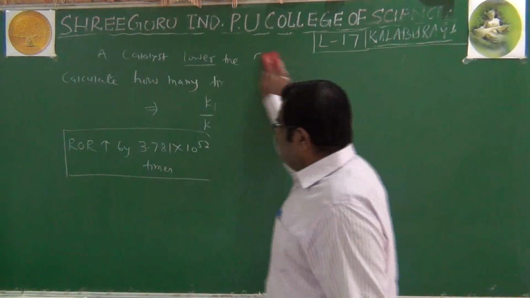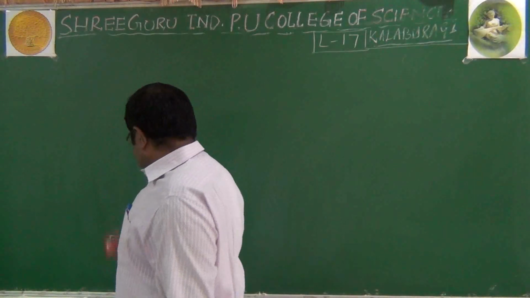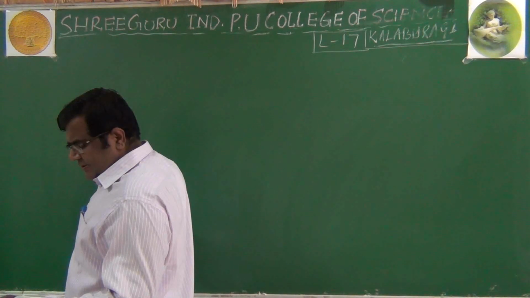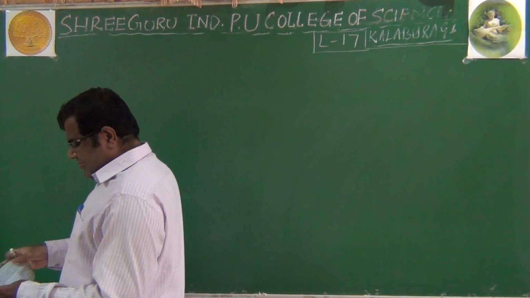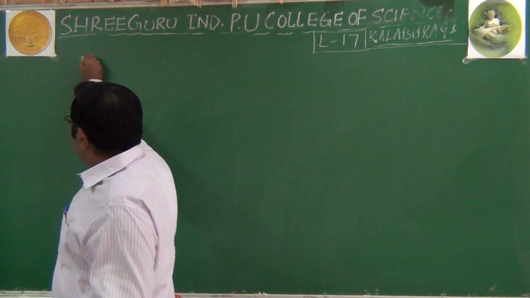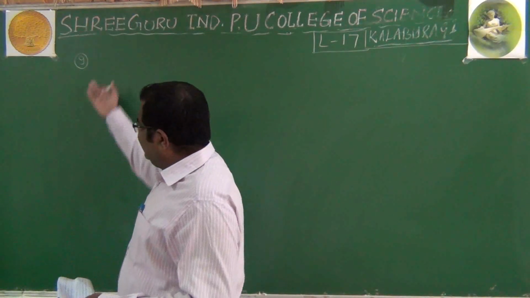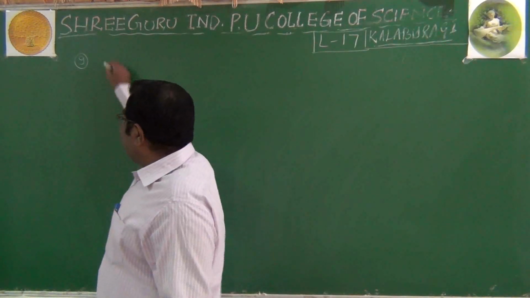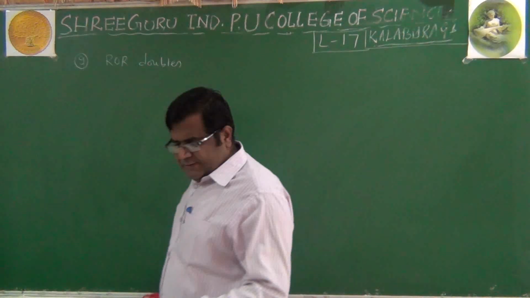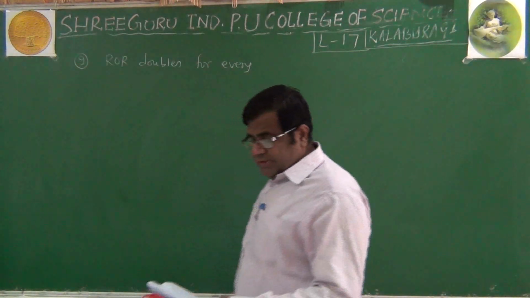See the next one. Now this is a very important type of question. We should understand this type of question. Rate of reaction doubles. Now I may give this question number 9 here. Of course you may modify this if it is not 9. Rate of reaction doubles for every 10-degree rise in temperature.